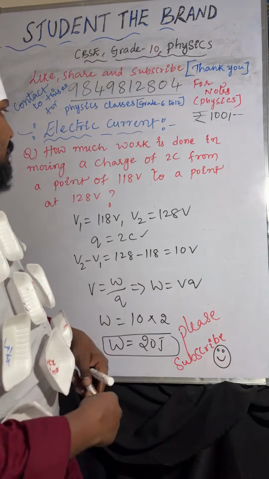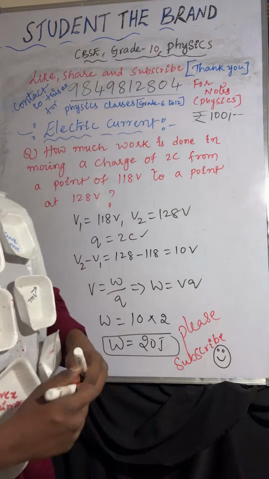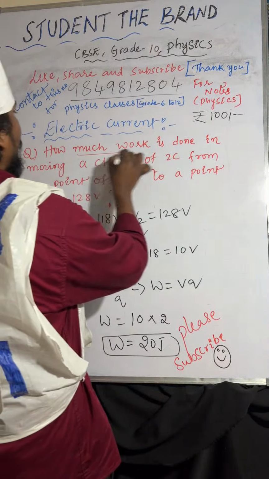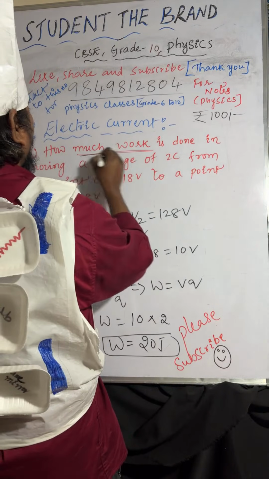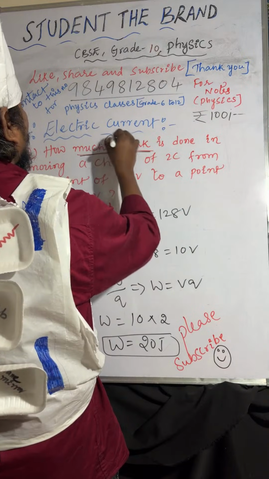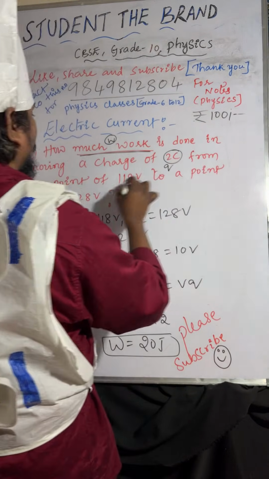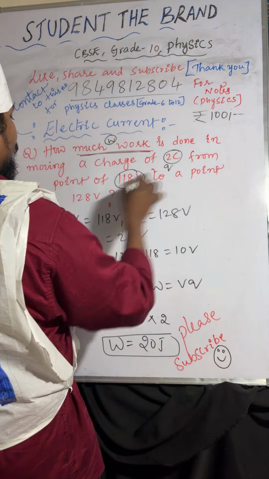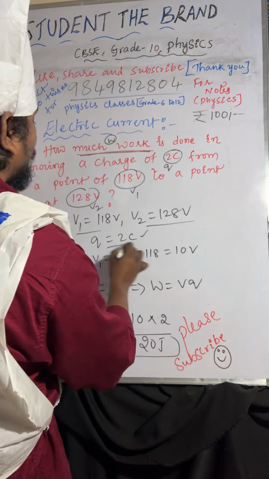Let me know whether it's completed or not. Once again I'll explain, just check once. How much work is done? They're asking how much work, so we have to find out W. It is done in moving a charge Q between V1 and V2.